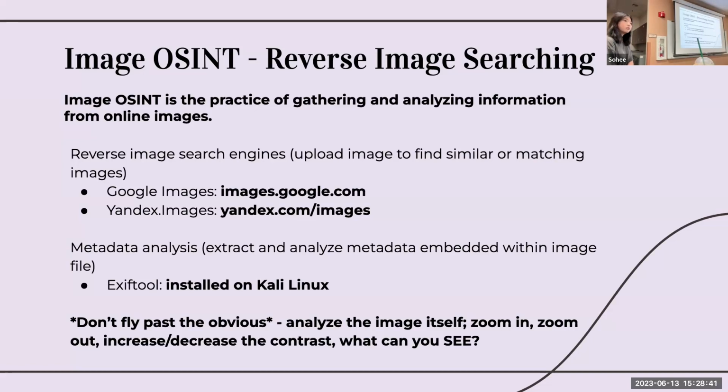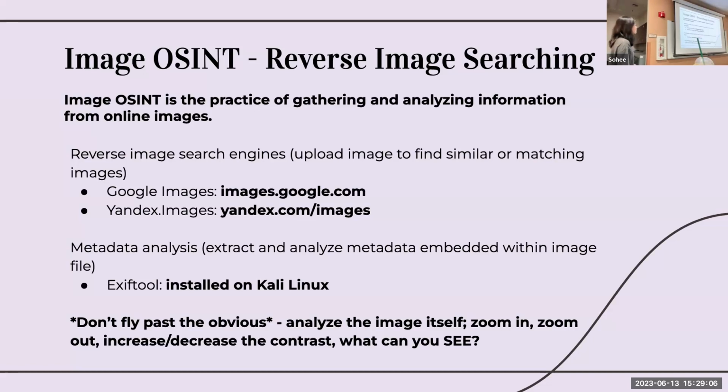But for some people who haven't configured it yet, there's this online website that does the same thing for you. I'll post a link on Discord, so you could go in there and upload the image, and whatever metadata you can get from ExifTool, you can get from the same website as well. You just upload the image, and it shows you all the metadata behind that specific image.